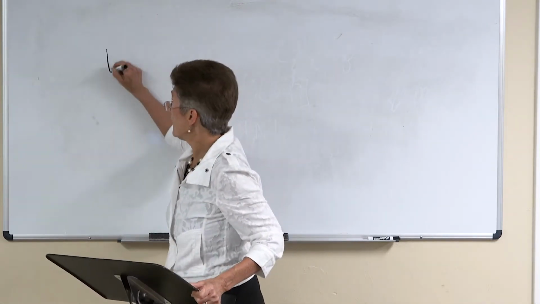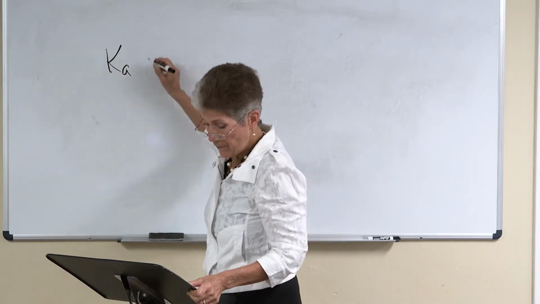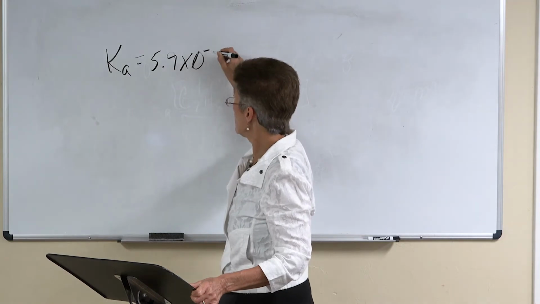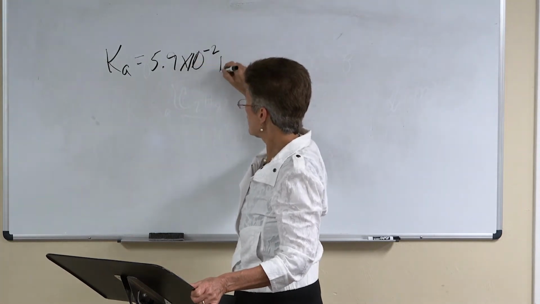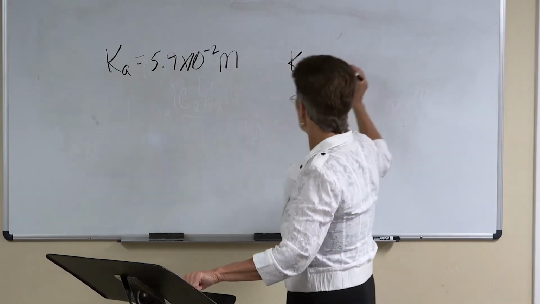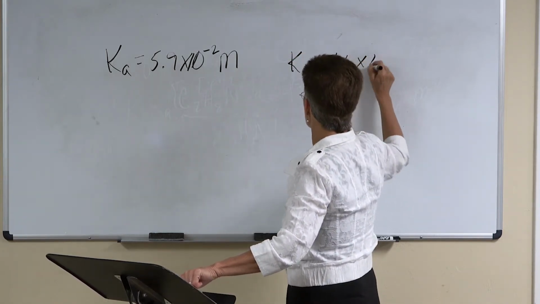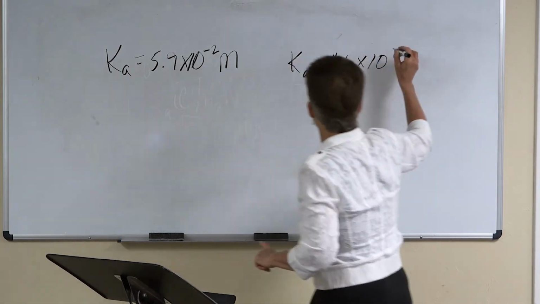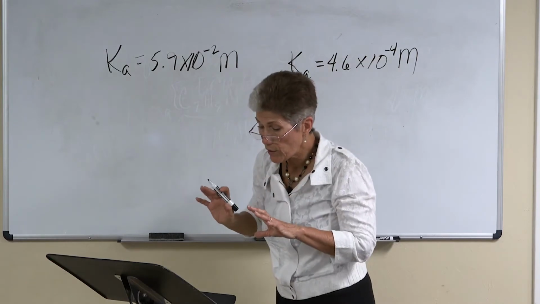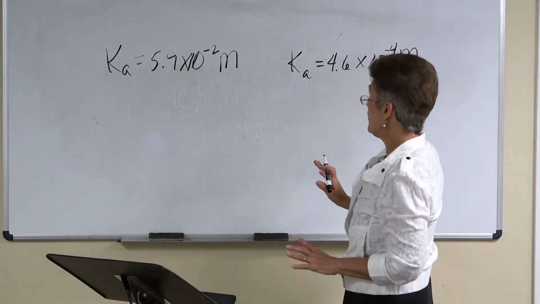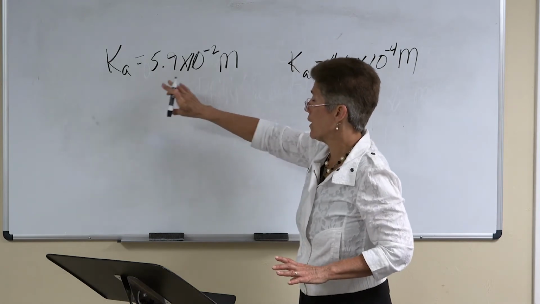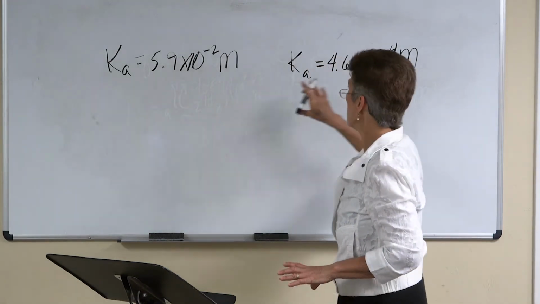Okay, so the first one is 5.9 times 10 to the negative second molar. And the second one is 4.6 times 10 to the negative fourth molar. And we're told they're at the same concentration. At the same concentration, this has a higher number for its acid ionization constant than this one does.